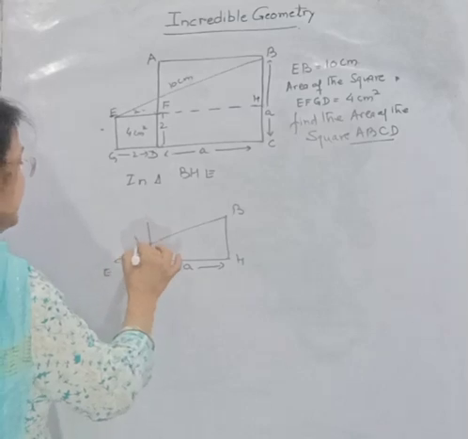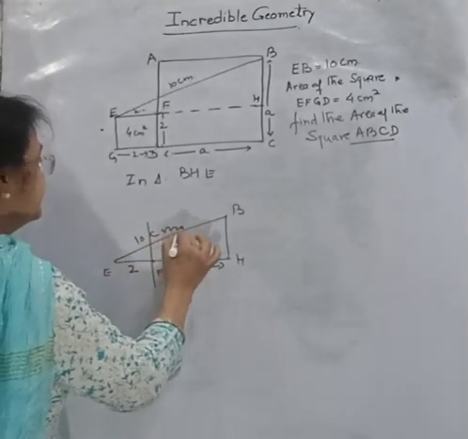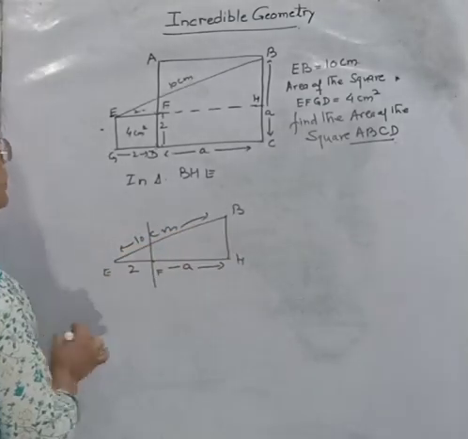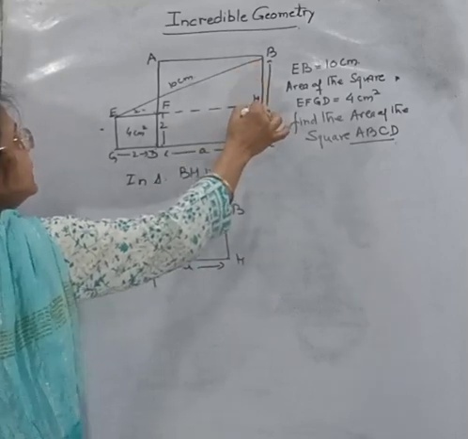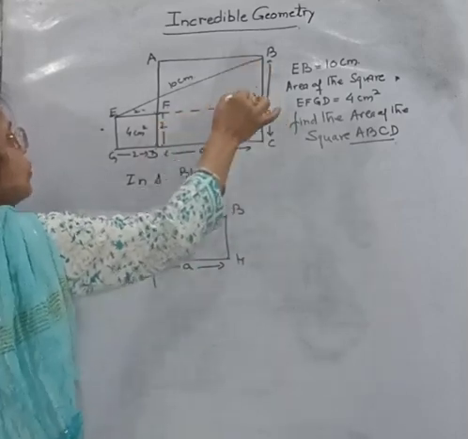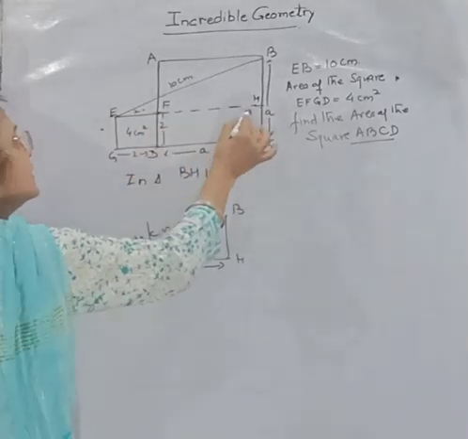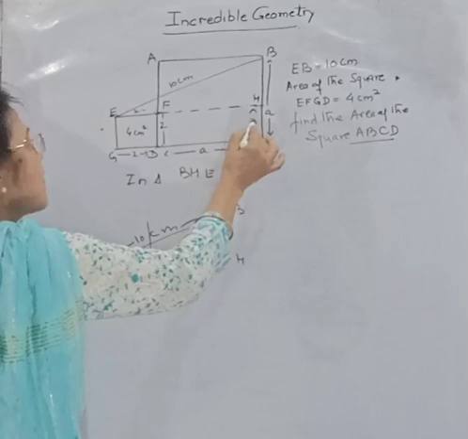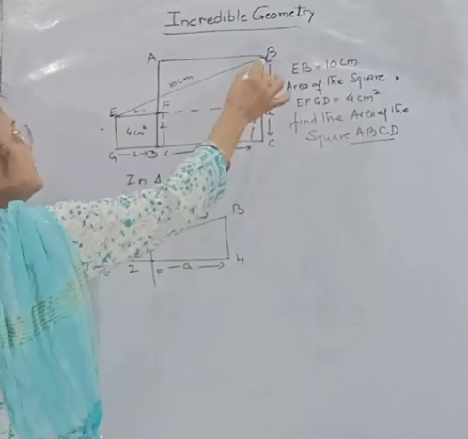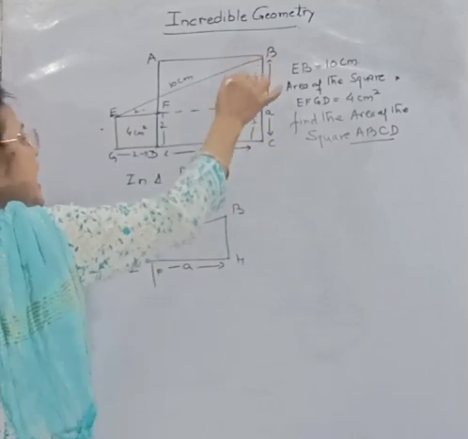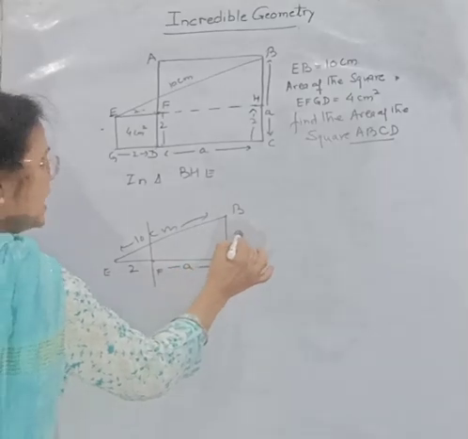EB has already been given to us as 10 centimeters. Now this is total A minus this, and this is equal to 2. So this is 2. It means this portion BH will be A minus 2.